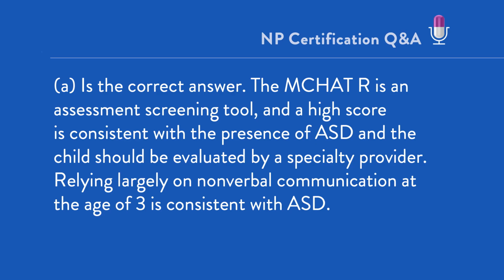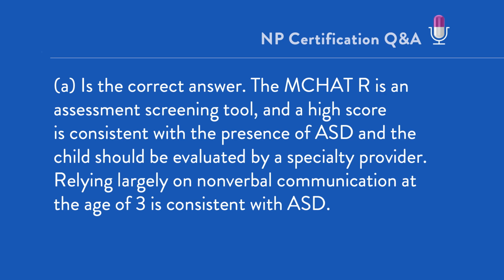Now, the child's growth not maintaining a consistent pattern, that's just a physical growth and development issue, and it has nothing to do with the MCHAT R. The child is atypically mean to the family cat and has tried to hurt it. That is a cause for concern, but it's not one of the MCHAT R phenomenon. We don't really expect mean to animals and trying to hurt animals as an indication of autism spectrum disorder.